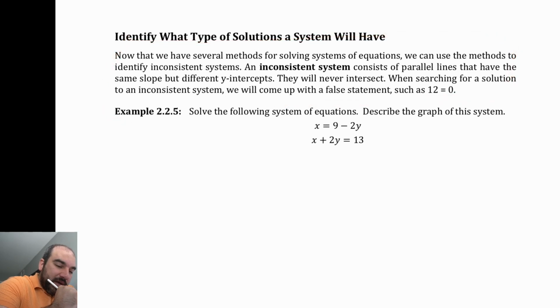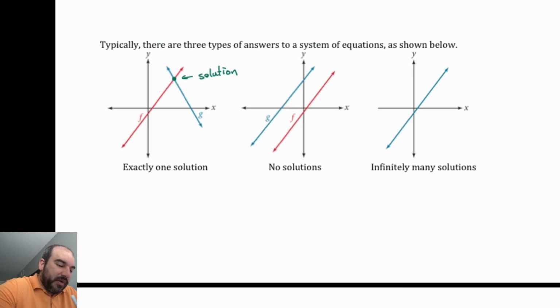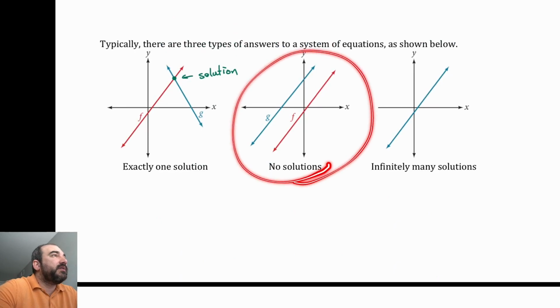As you're solving the system of equations, if you end up with a nonsensical equality like 12 equals 0 or 7 equals 5 or anything like that that doesn't make sense, that is not actually an equality, that means you have an inconsistent system in your hands, which is parallel lines, which, if we look at the graphs, is this example here, where we have no solutions.